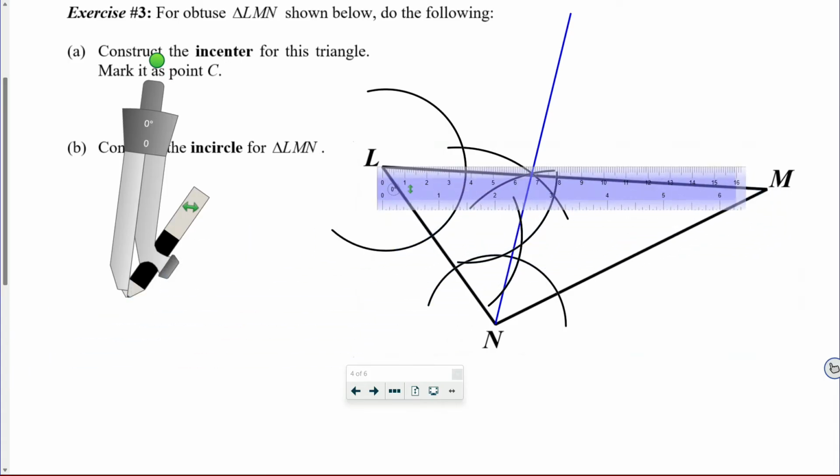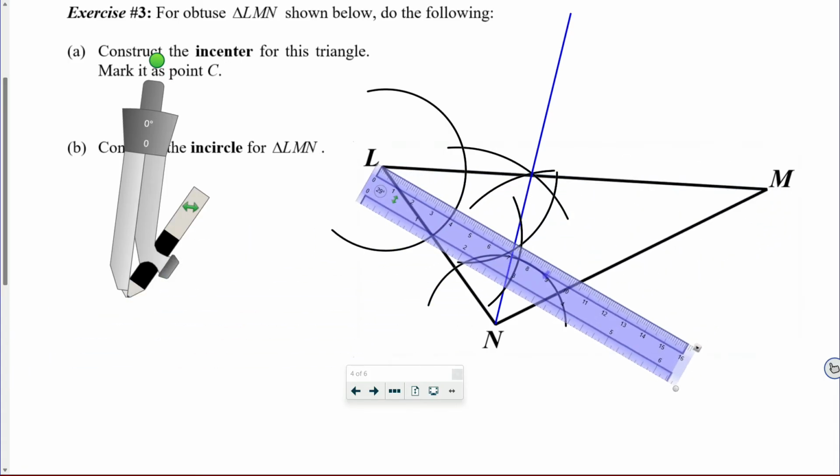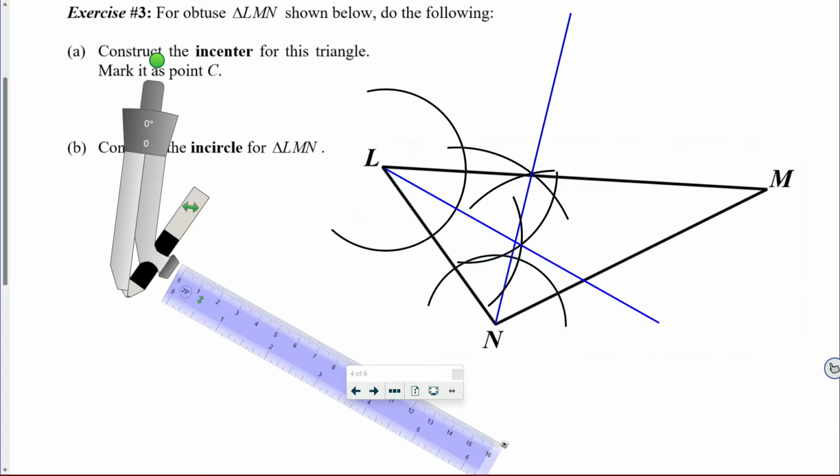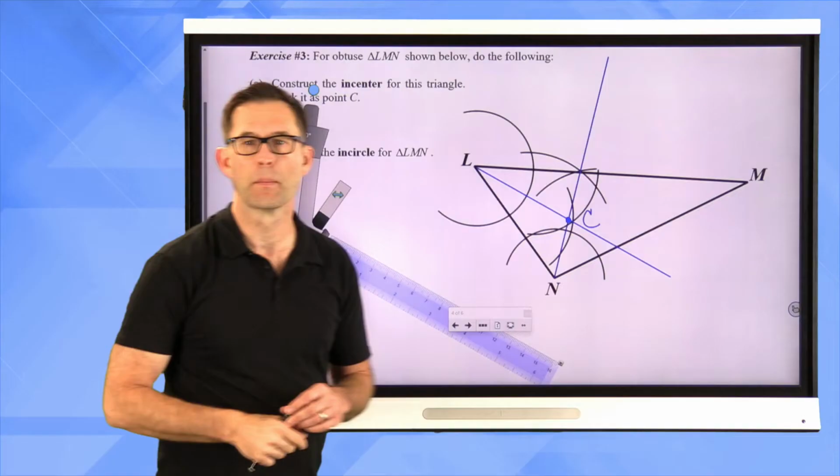I love the angle bisector construction. It's very simple, it's very neat, it's very easy. The only issue is that I've got to do two of them. I feel like that should, there we go. Okay. If I've done my job, that should be the incenter.